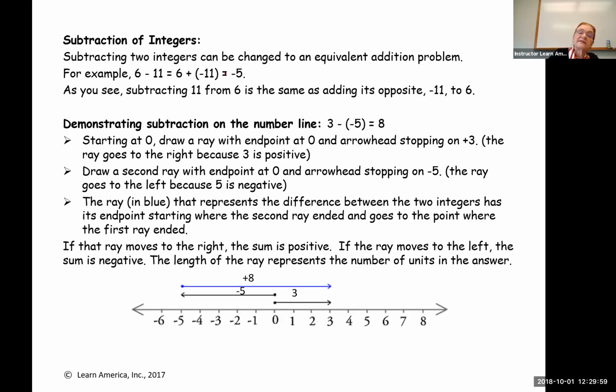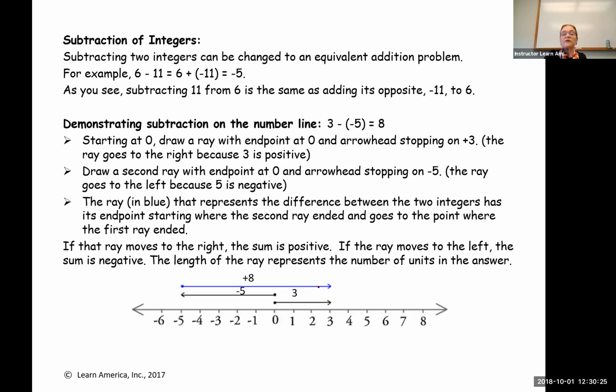Now, how do we demonstrate subtraction? Well, again, subtraction is like the addition of the opposite. So supposing we're trying to represent 3 minus -5, or 3 subtract -5. We see that if we start with 3 on the number line, and then we start from the 0 again and go -5, the net result is that we've gone a total of 8 units.